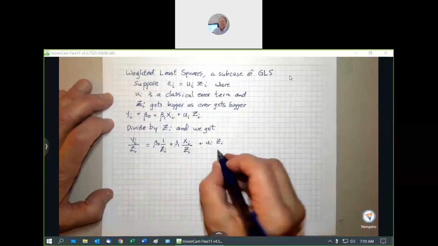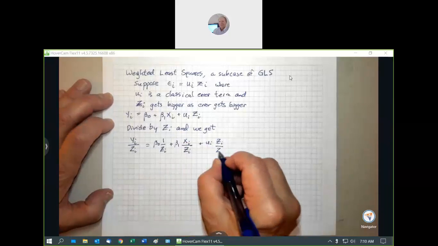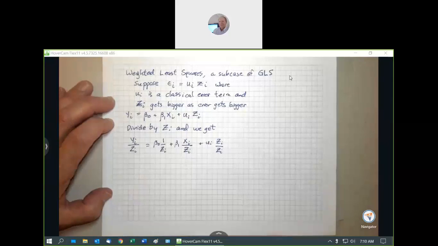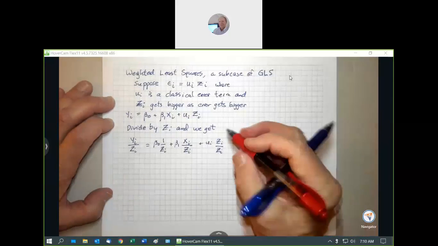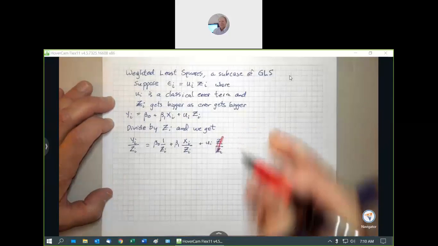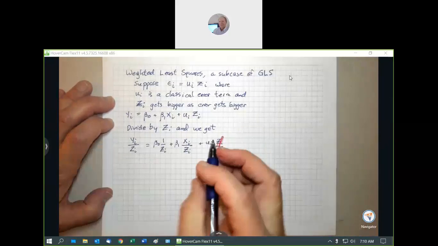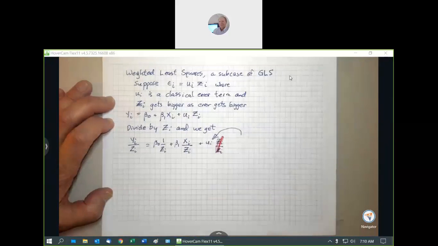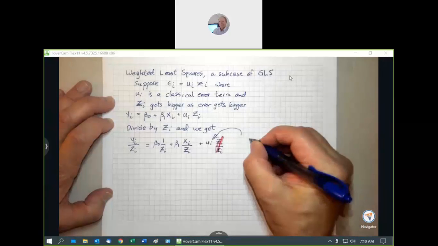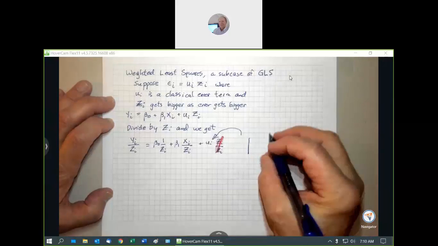And wait for it, here is where the magic happens. Look what happens. We divide zi by zi. That's just equal to 1, so it goes away, and that means that we get just a really nice ui as the error term of this transformed equation.